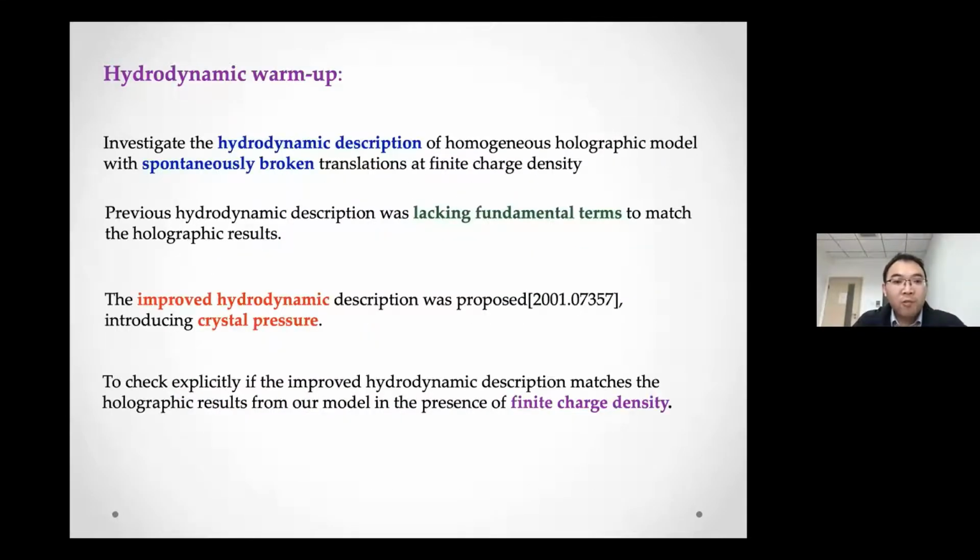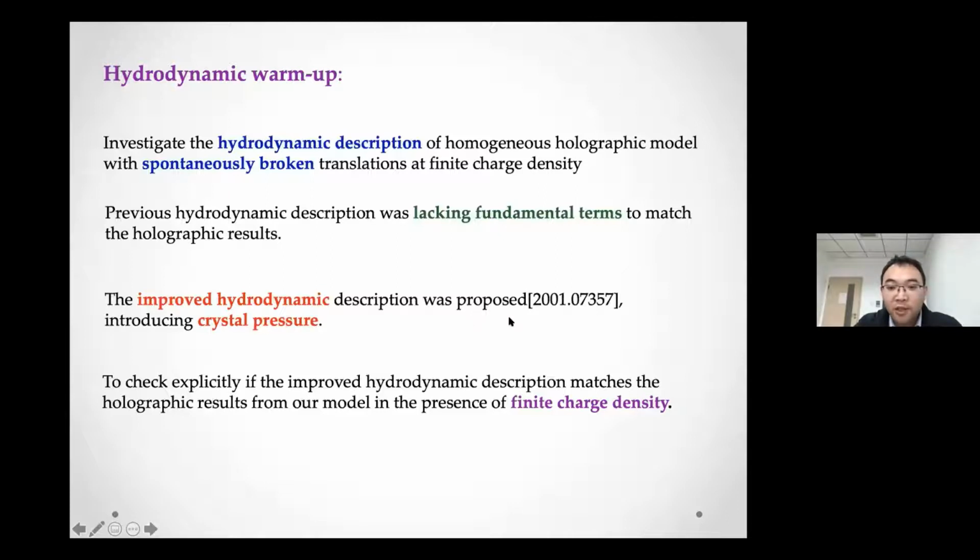As a warm-up, we first consider the hydrodynamics. Here we first investigate the hydrodynamic description of this holographic model with spontaneously broken translations at a finite charge density. Here we turn off the magnetic field. Previous hydrodynamic descriptions were lacking fundamental terms to match the holographic result.